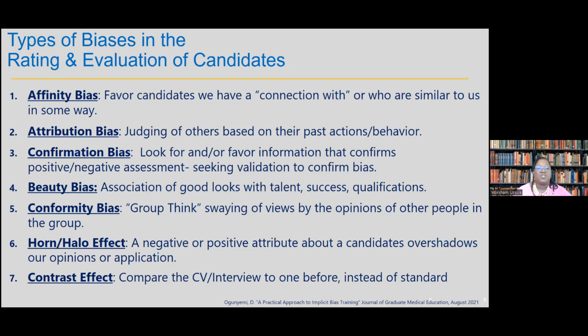And then our last two, the horn and or halo effect, are basically an opportunity to look at a candidate either negatively or positively based on attributes about the candidate that can overshadow our opinions of the application.